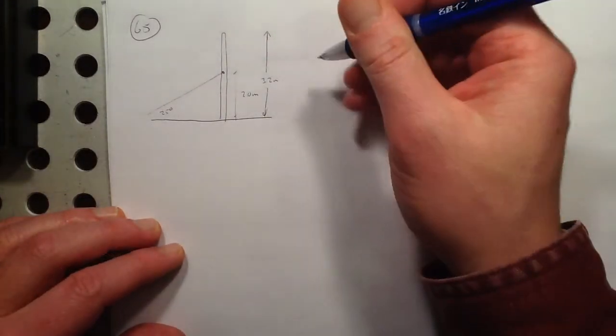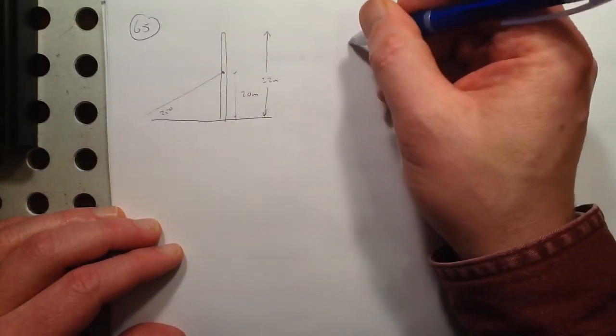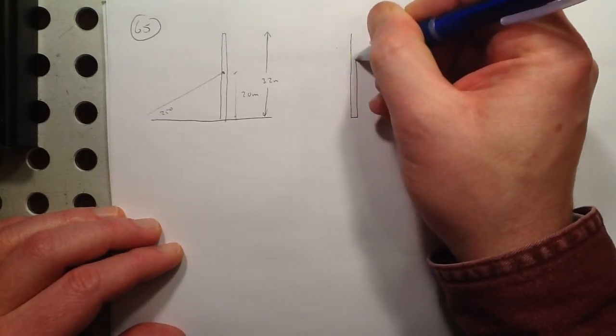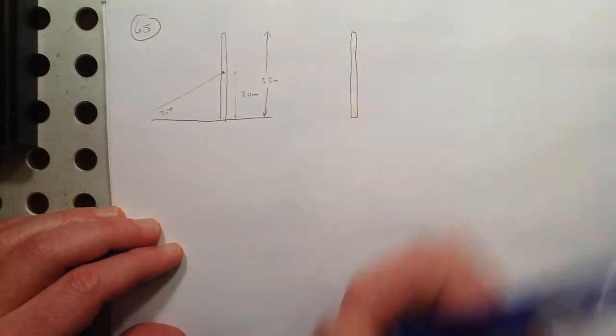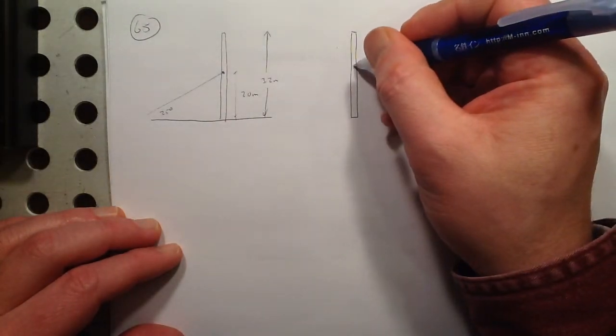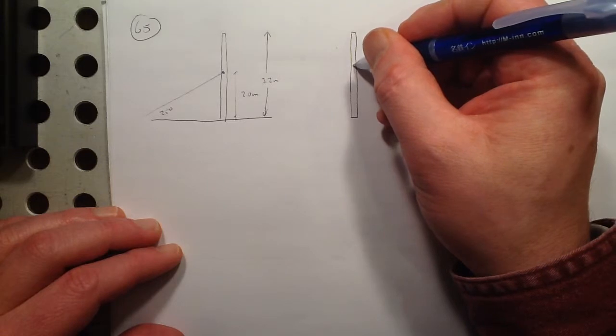I'm going to make a force diagram of the forces acting on the beam, and because they're not all acting at the same place, I will make it not a dot, but a beam-like thing.